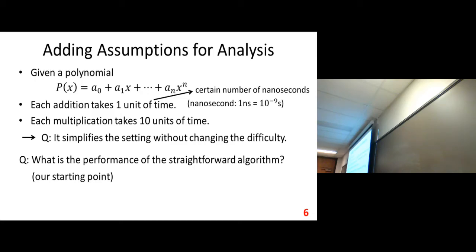Then that's our starting point, because for our next solution, we want to improve from this starting point. We want to do much better than this. So we really want to improve the efficiency significantly. We compare the numbers to see how much we can improve.